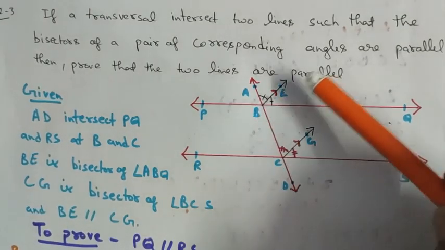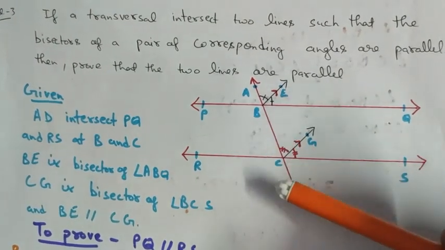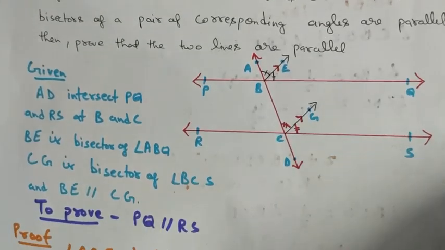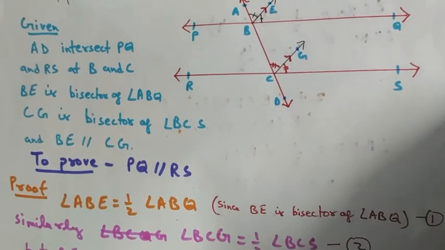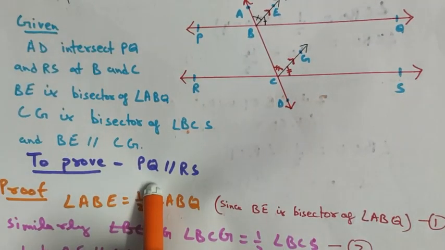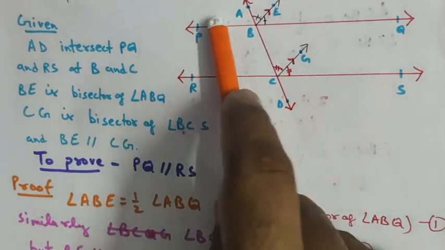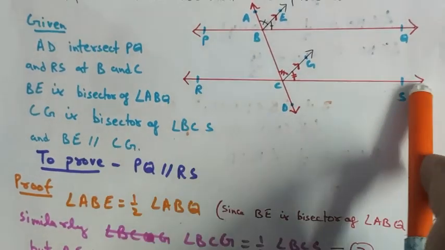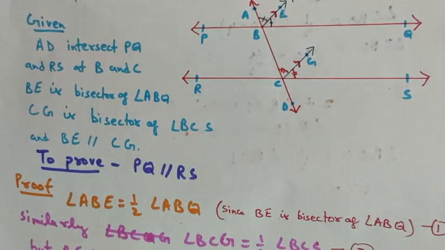And one more information is given, that BE and CG are parallel to each other. So with the help of this information we need to prove that PQ is parallel to RS. Okay, so how to do that?